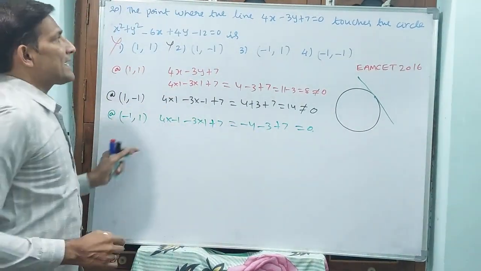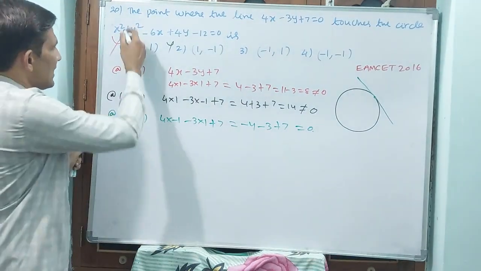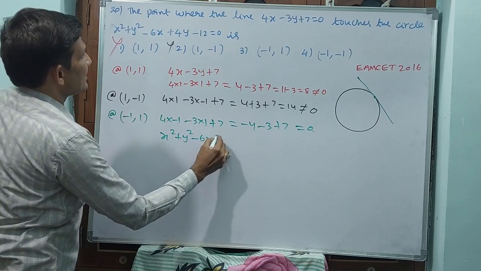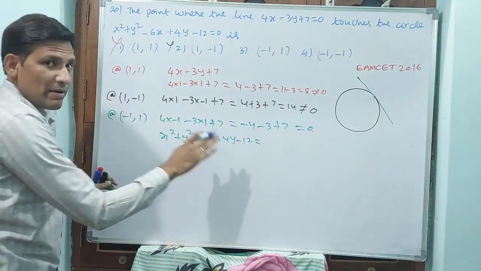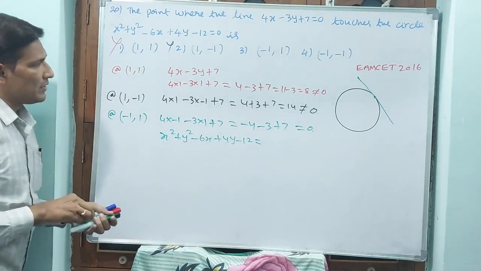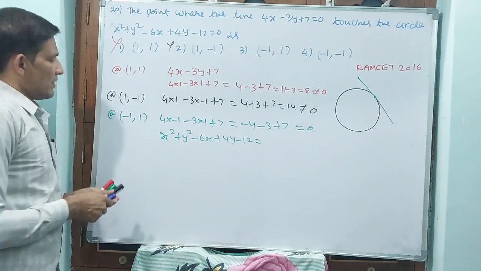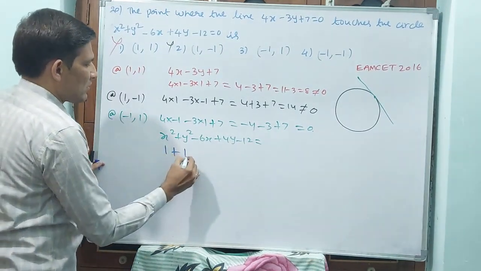See, this point satisfied the line. Then go for this point in the circle also. Then write the circle also. x square plus y square minus 6x plus 4y minus 12. Equal to 0 I am not writing because equal to 0 has to come. x square, see, minus 1 square is 1 only, plus y square, 1 square is 1 only.